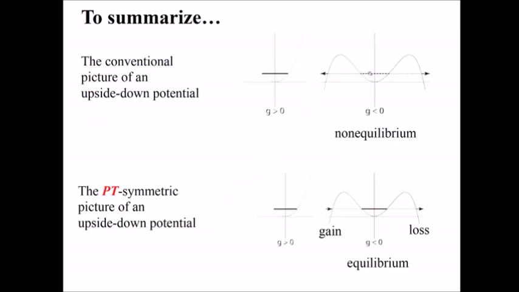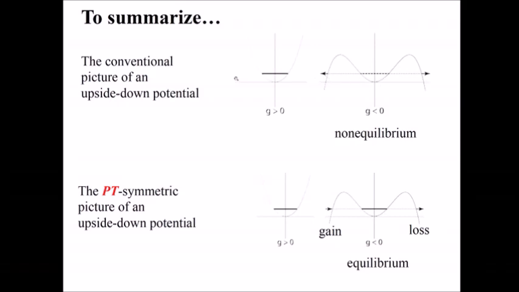I'm going to summarize what I've told you so far. If we have a right side up potential, you have a bound state in this potential. If I make it an upside down potential, like this, then you learn in your conventional quantum mechanics course that this particle is now unstable and it tunnels out to infinity, right?